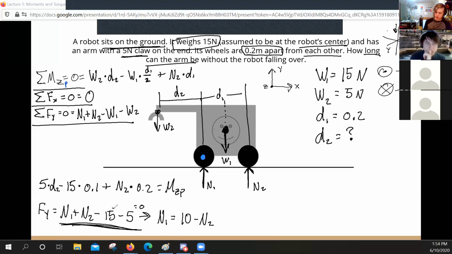So I'm just combining these two. Oops, that should be a 20 because they're both negative. There we go. Combining these two because they're both negatives, and then we're flopping them over to the other side. So 20 minus N2.